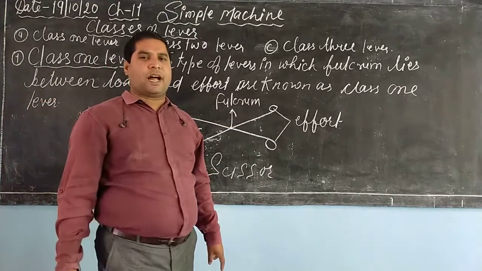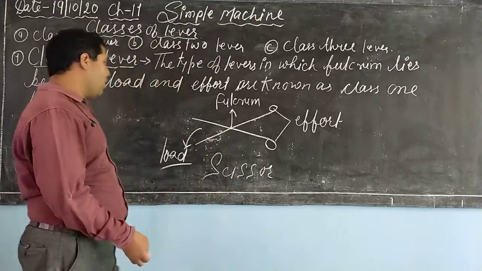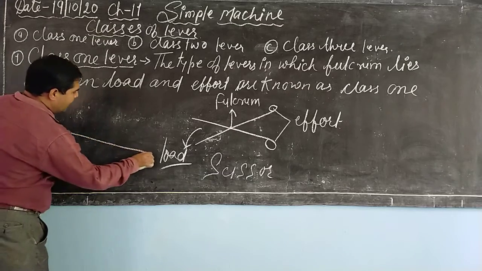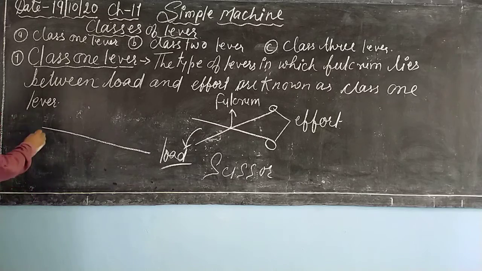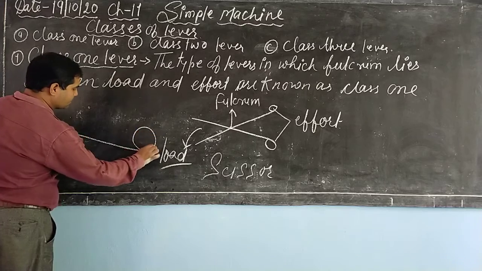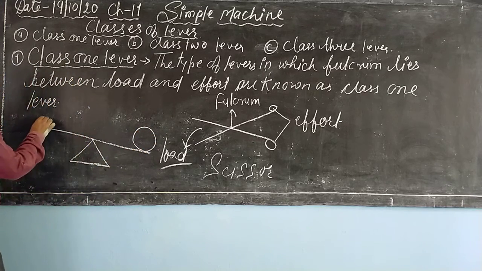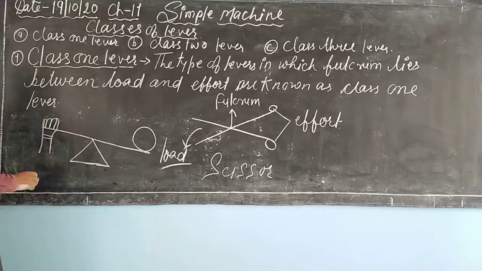Let us try to understand class 1 lever with the help of one more diagram. Take an example of the iron bar. Here is the load. Here is the fulcrum. And here we apply effort.